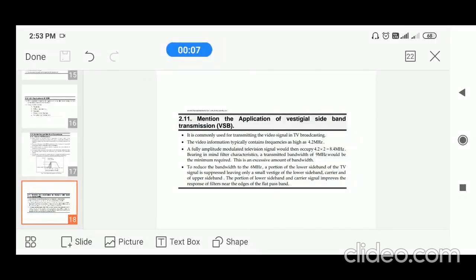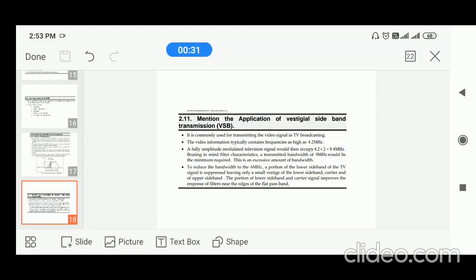In the earlier class we discussed vestigial sideband, right? In vestigial sideband, in addition to one full sideband, a vestige of the other sideband is also sent to protect the lower frequency components.